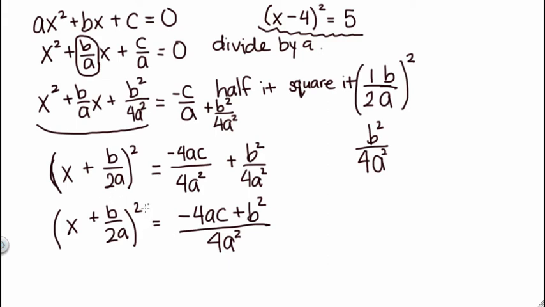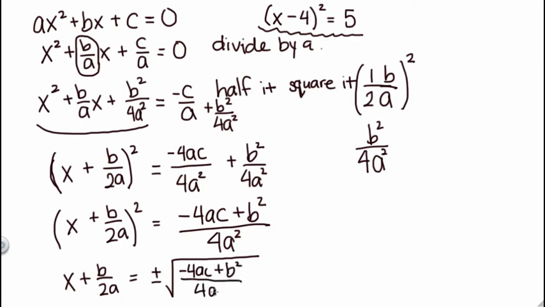So at this point, we can take the square root, but note that when we take the root of things, and it's an even power, if it does exist, we have two separate ones. So we're going to say x plus b over 2a is equal to plus or minus square root of this entire thing: negative 4ac plus b squared all over 4a squared.